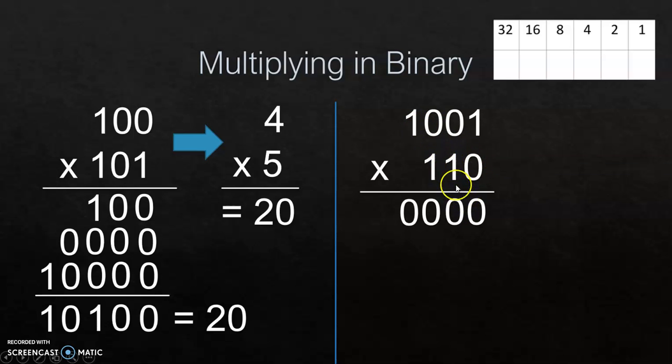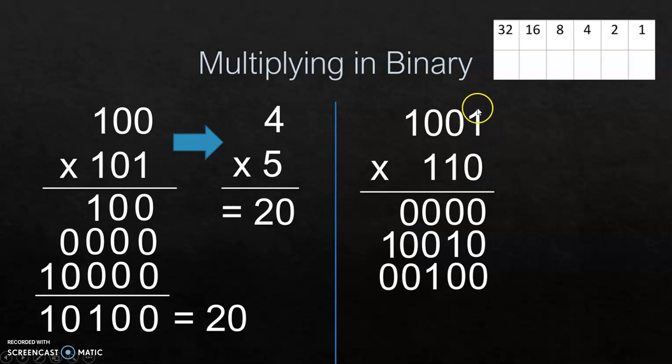Now we move to the second digit, we put down a 0. 1 times 1 is 1, 1 times 0 is 0, 1 times 0 is 0, and 1 times 1 is 1. We move to the third digit and we put down 2 zeros. Now we multiply. 1 times 1 is 1, 1 times 0 is 0, 1 times 0 is 0, and 1 times 1 is 1.